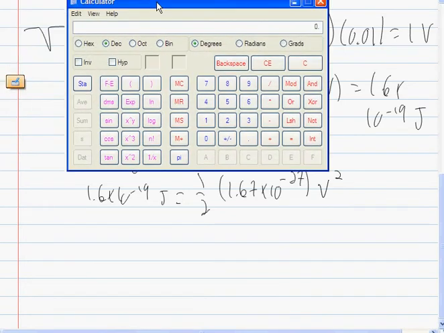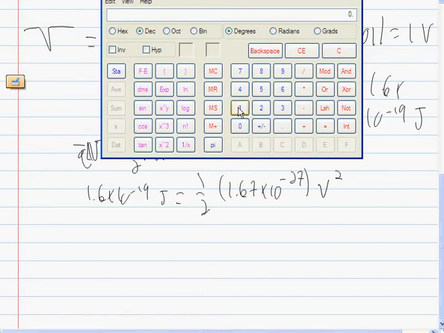So we'll say 1.6 e negative 19 times 2 to make up for the 1/2, divided by 1.67 e to the negative 27.